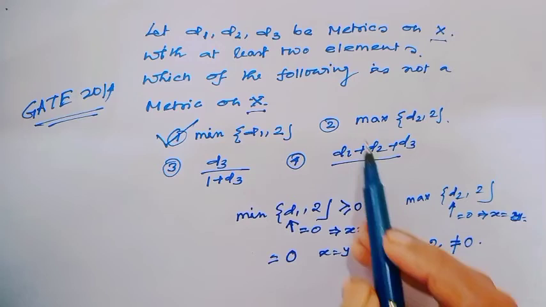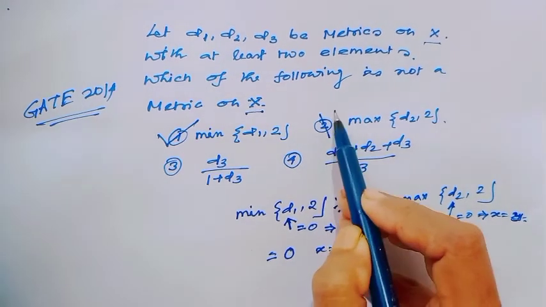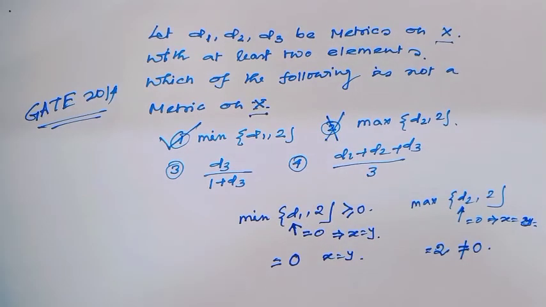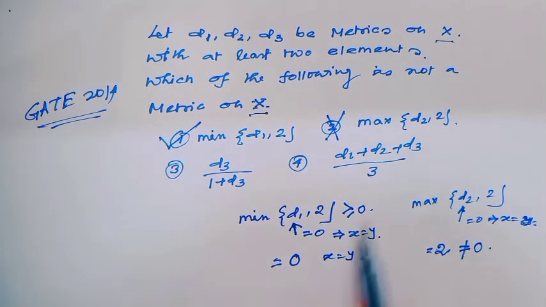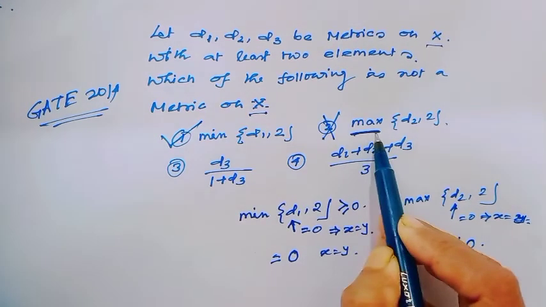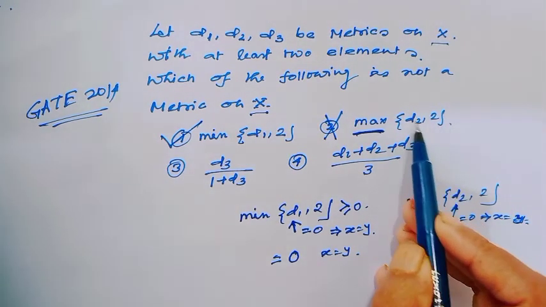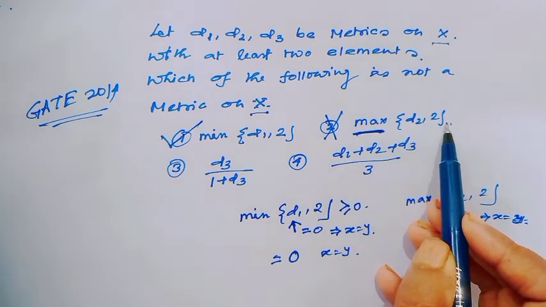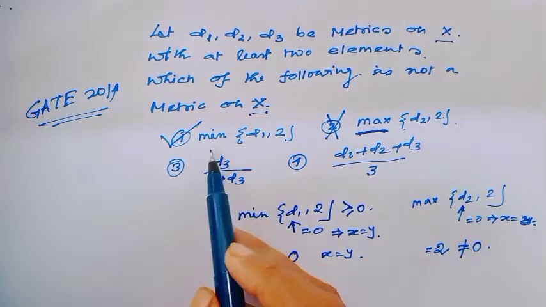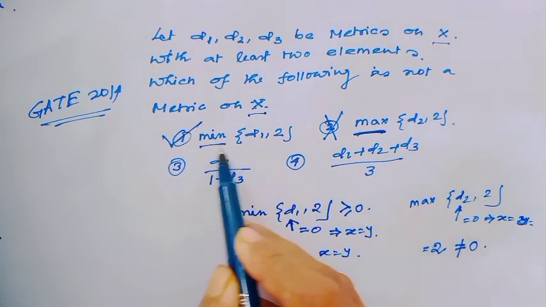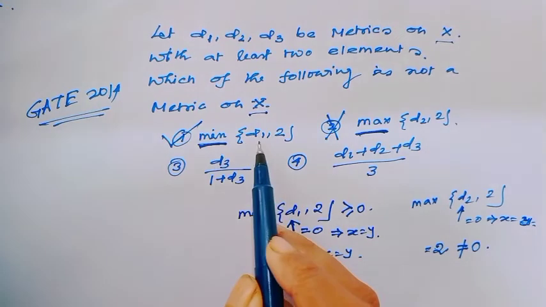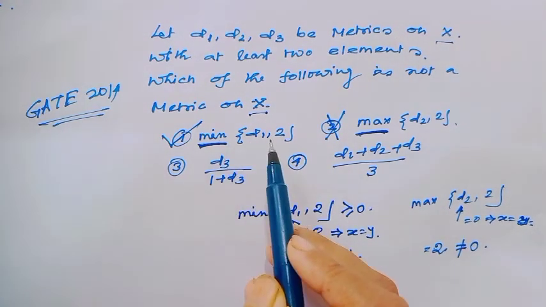So this is not a metric space. Are you getting? Because here the maximum value 0 cannot be possible. If we consider this is 0, then the value would be 2. And this is possible for the minimum. If we consider this is 0, then this value would obviously be 0.